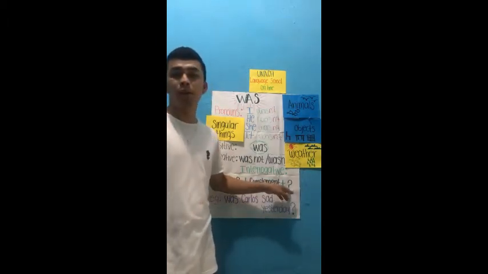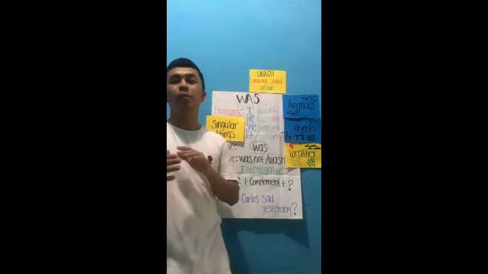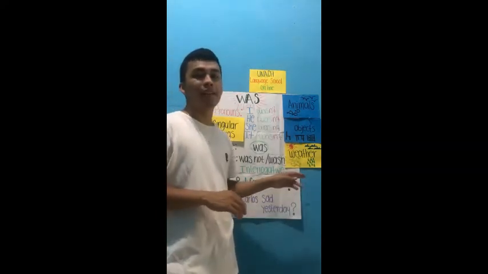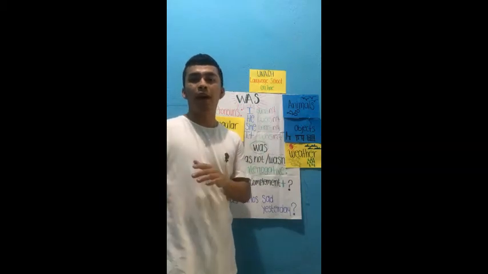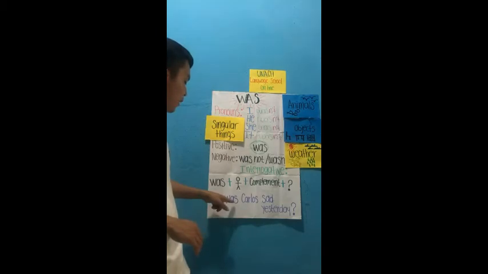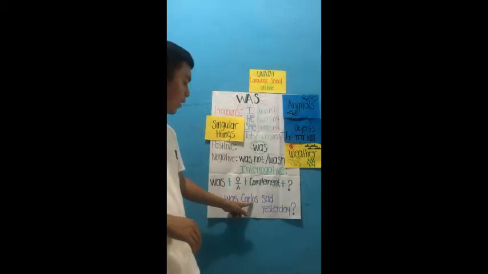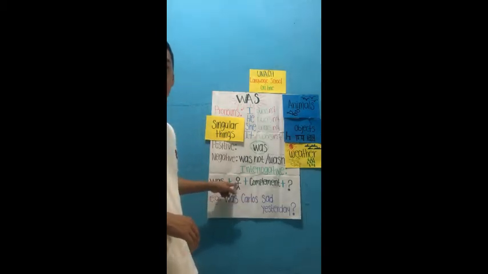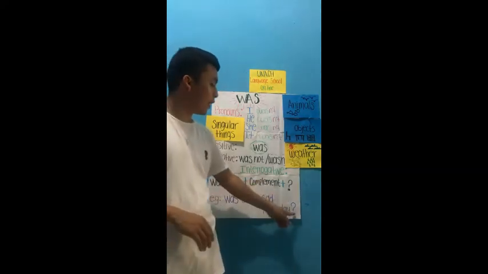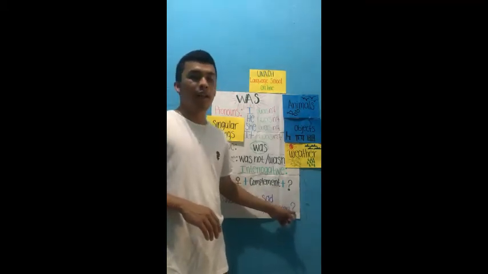Finally, we are going to use the question mark. The question mark is very important because this means that what you are writing or saying is a question. For example, was Carlos, that is the subject, sat yesterday, that is the complement, and the question mark.